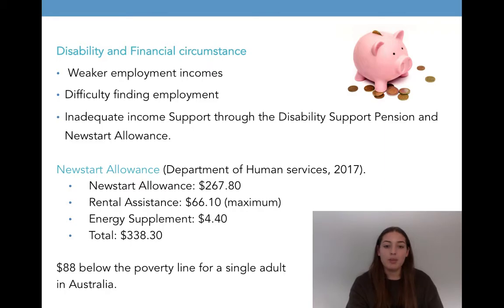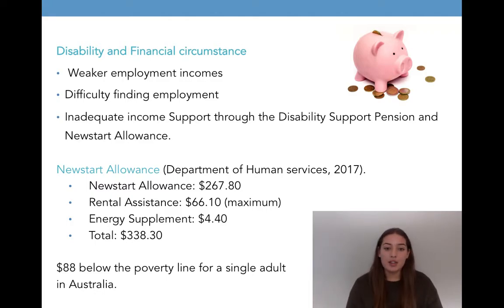According to the Department of Human Services in 2017, a person with a disability on the New Start allowance will receive the following payments weekly: New Start allowance of $267.80, rental assistance of $66.10, energy supplement of $4.40, coming to a total of $338.30. This demonstrates that the New Start allowance and additional supplements are still $88 below the poverty line for a single adult in Australia.